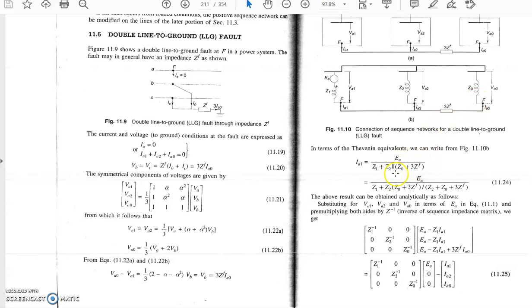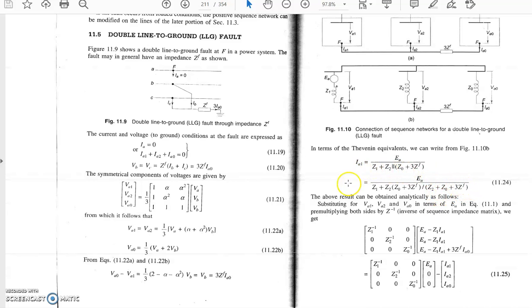The combination of Z2 parallel Z0 plus 3ZF is in series with Z1. So the whole impedance becomes Z1 plus Z2 parallel Z0 plus 3ZF, or if we solve it, Z1 plus Z2 into Z0 plus 3ZF divided by Z2 plus Z0 plus 3ZF.